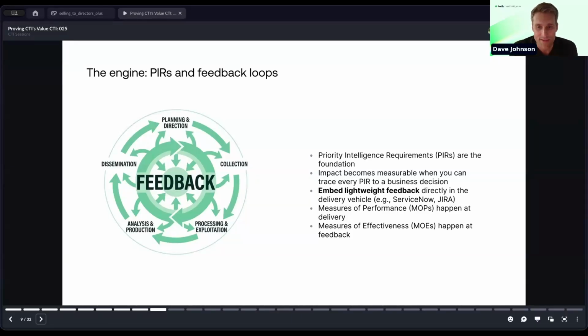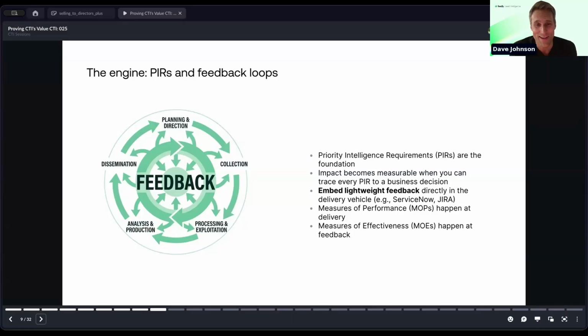The other message here is that I want people to really revisit feedback, because you don't have to make it super complicated. I think the best thing to do, even if you start really small, is put a feedback question, like was this report useful, or maybe even a thumbs up.